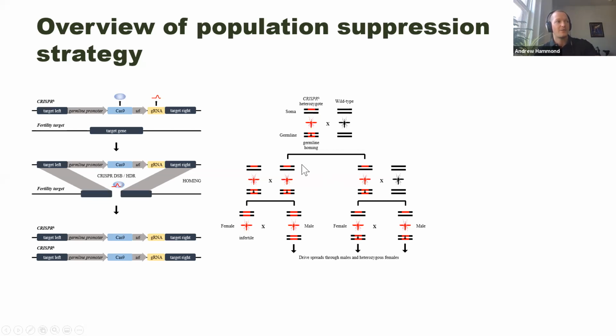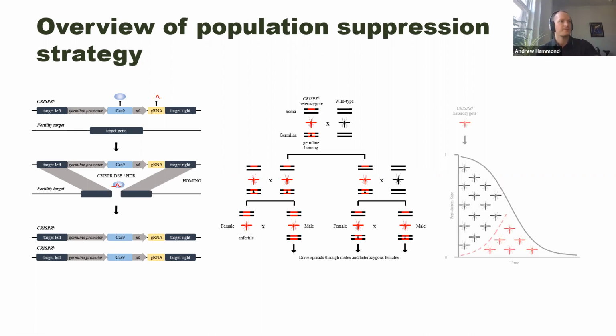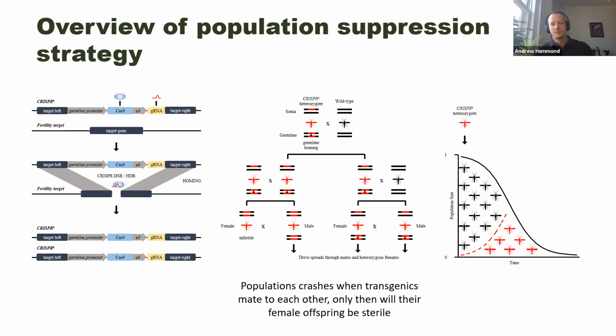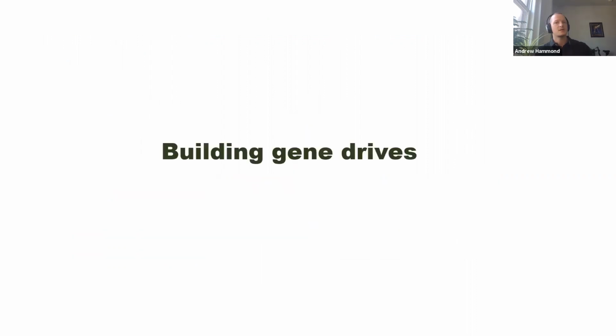So every time we have a fertile female, it must mean that her somatic tissue is heterozygous or wild type. And every time we have a sterile female, it's because her somatic tissue is homozygous. And that will only happen if you inherit the gene drive from two gene drive parents. And of course, the idea is that we release a small number of these, it spreads through the population and causes a widespread suppression. So how do we build these?